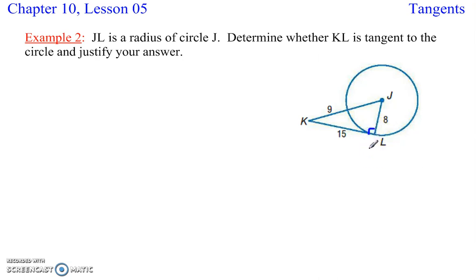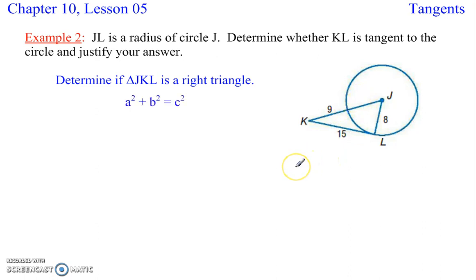And in order to figure that out, I'm going to make sure that this is a right triangle. Okay, so this section right here is 9 to the circle. So I need to figure out what length this is. Well, we know that this is 8 right here. A squared plus B squared equals C squared. So figure out this is 8 because that's also the radius.